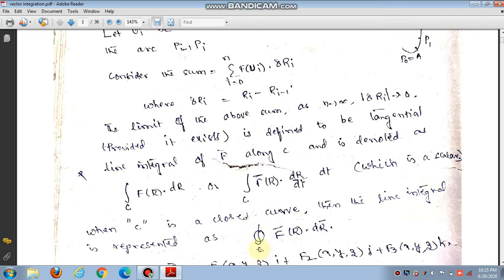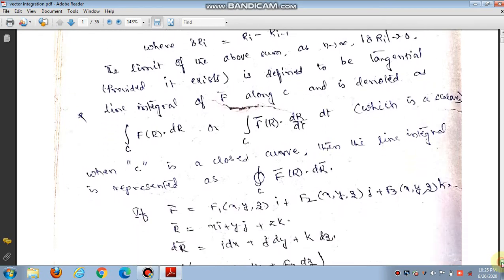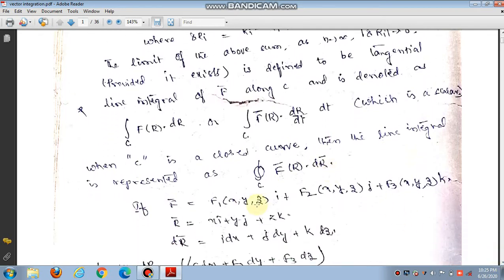When C is a closed curve, we represent a circle on the integral symbol, f of r dot dr bar. In general, we now define the above line integral mathematically. Consider a vector f bar, where f bar is defined as f1(x,y,z) i plus f2(x,y,z) j plus f3(x,y,z) k, where r bar is the position vector xi plus yj plus zk, and dr bar is i dx plus j dy plus k dz.